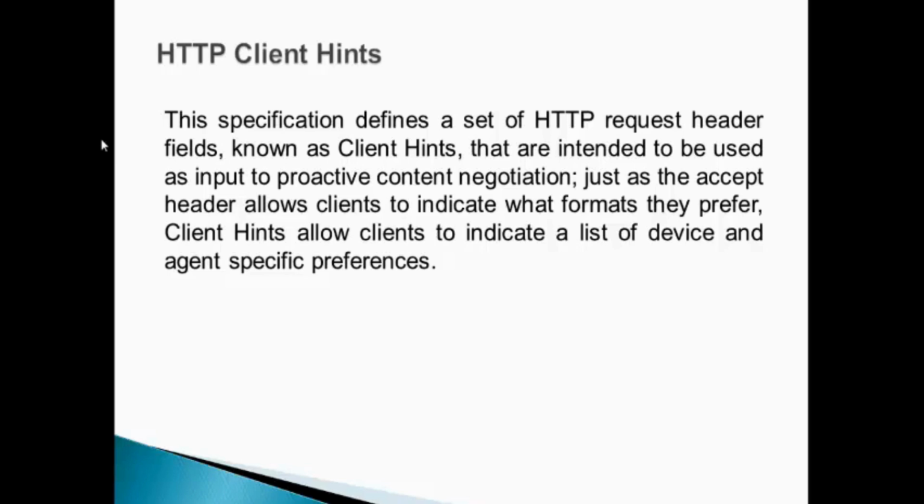HTTP client hints: this specification defines a set of HTTP request header fields, known as client hints, that are intended to be used as input to proactive content negotiation, just as the Accept header allows clients to indicate what formats they prefer. Client hints allow clients to indicate a list of device and agent specific preferences.